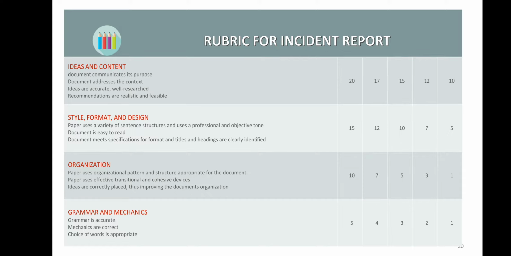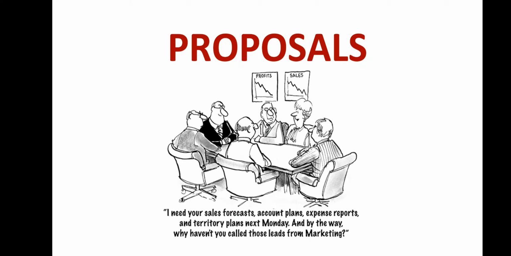Okay, let us now proceed with the formal reports, or formal proposals rather. So we have here your formal proposal as our last minor topic before our last OLC tomorrow.